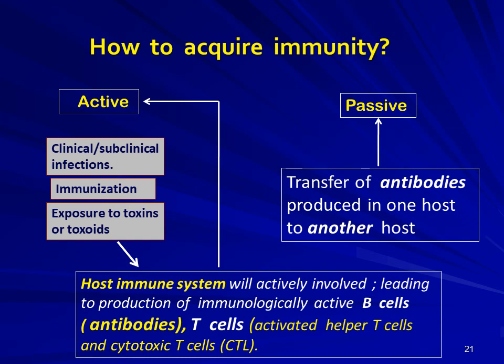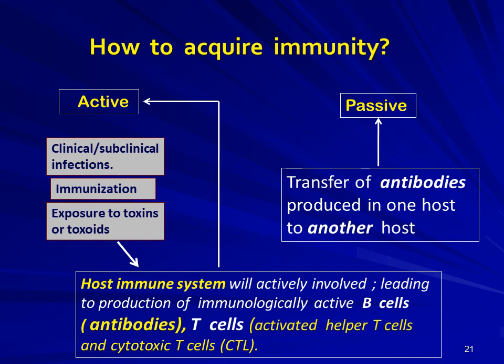The B lymphocytes produce antibodies. The sensitization of T lymphocytes produces a variety of cytokines from these cells. All this tries to remove the microbes from the body and give protection.